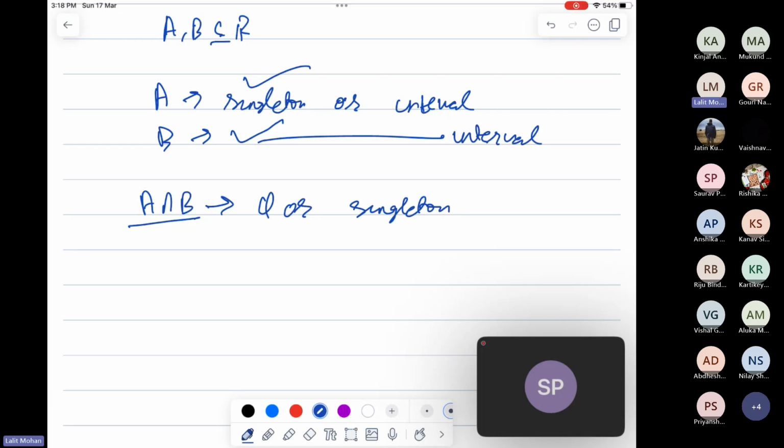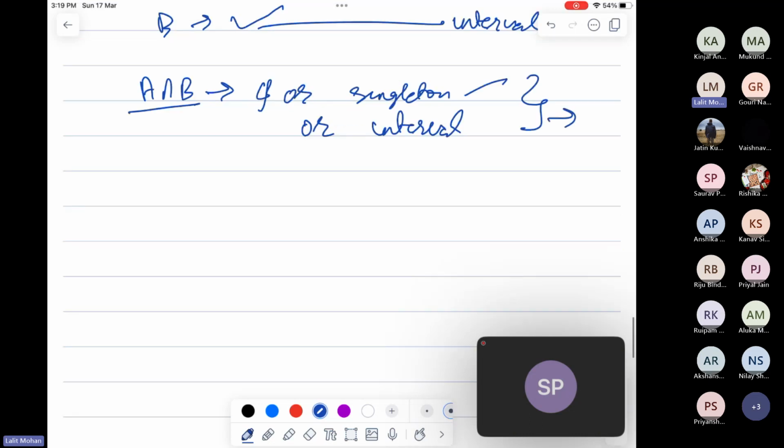Phi or singleton, right? If both are intervals, then you know that the intersection of two intervals is either empty or an interval. So for A intersection B we have only three possibilities: empty set, singleton, or interval. And you know that all three are connected in R. So it means A intersection B is connected in R also.